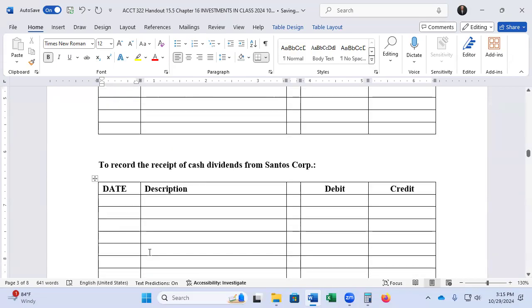To record the receipt of cash dividends, this was 10/25/25. And so we're going to receive cash. Oh, I don't know why I keep typing that G in there. Cash, and it's going to be 500,000 shares times 40%, which is our ownership.